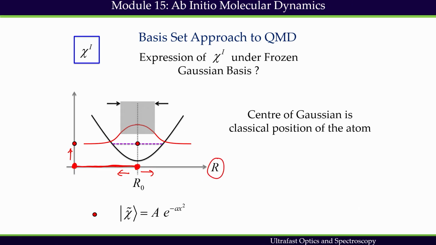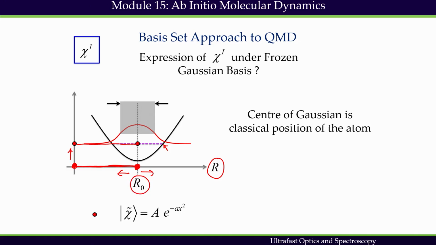Under the simple harmonic oscillator approximation, the vibrational wave function for a simple diatomic molecule has a width. So what does it mean? Even if I am in the zeroth energy level, this dotted line is representing the zeroth energy level of the vibration. The internuclear distance is r0, which is the equilibrium distance.